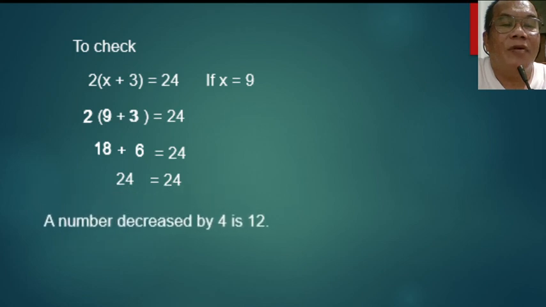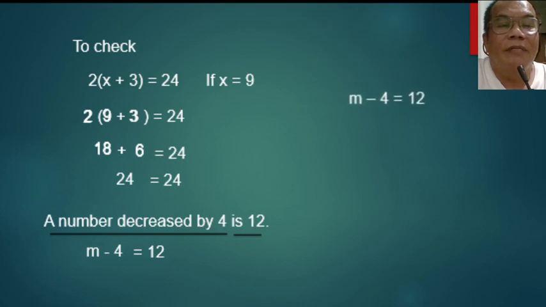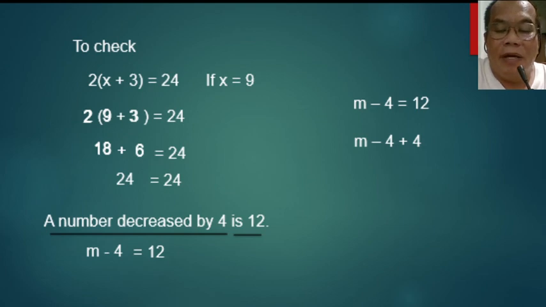Next example, a number decreased by 4 is 12. How will you write that? A number decreased by 4. A number, you can represent by any letter. So you have m minus 4 is equal to 12. So the equation is m minus 4 equals 12. Then add 4 to both sides.